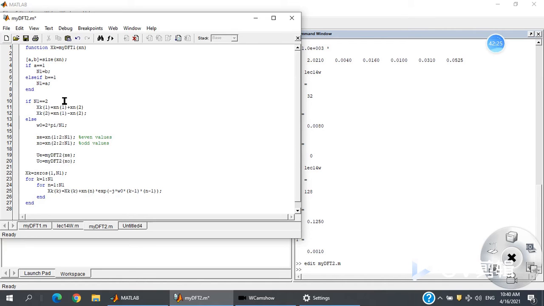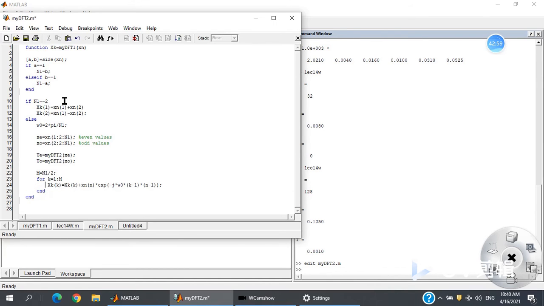So what is Xk? Xk is a combination of. Okay, so k runs from 1 to m. M is half of n1.